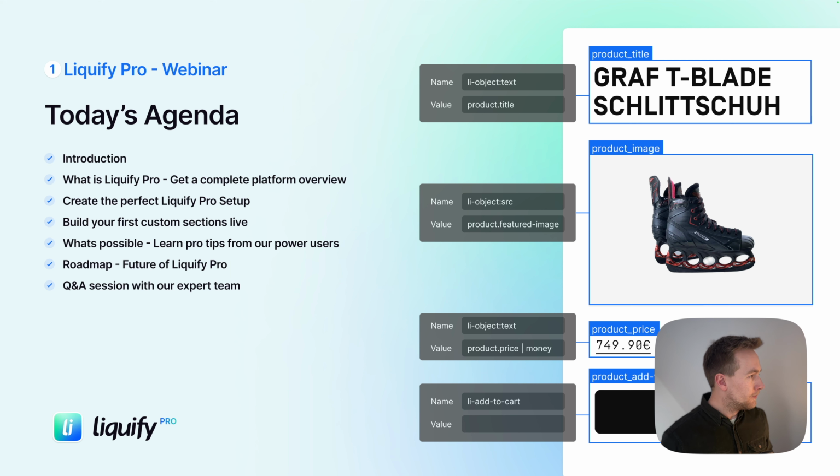And then, what should be very interesting, we have brought some bigger projects from our agency and show how we made them, and a few sections and possibilities you can check. Maybe they are also useful for your projects. And then we want to show you a bit about the future of Liquify Pro, the roadmap which we are currently working on and want to work on in the future.